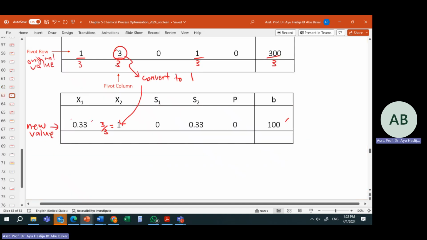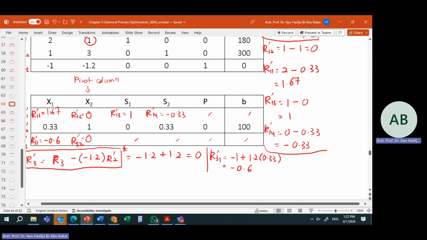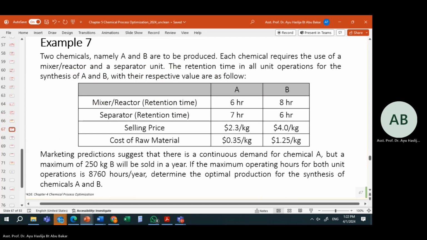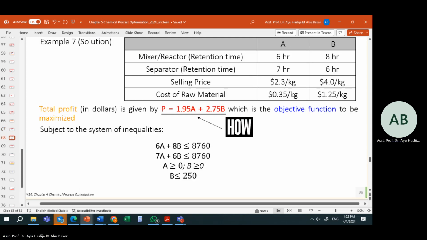Now example 7, please try on your own with the same approach, which is related to a chemical process. Okay, similar approach. Identify the decision variables, objective function, and also the constraints.